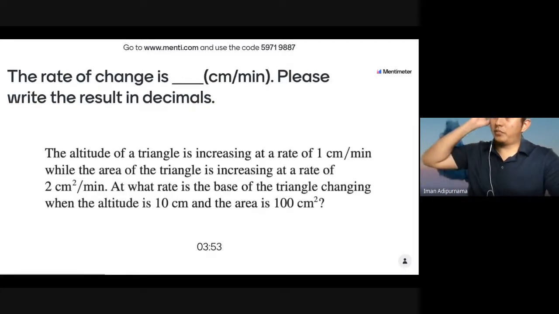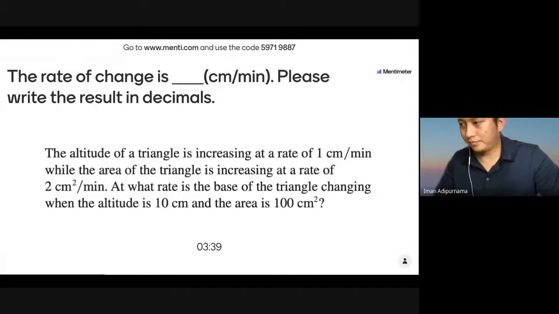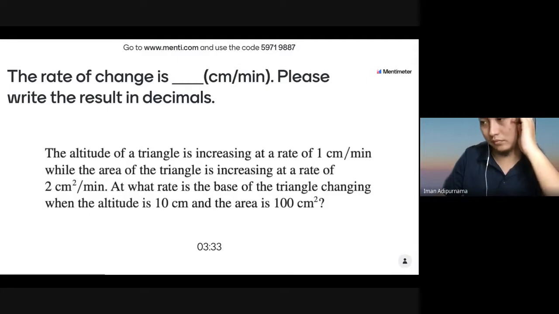Even 4 minutes for this question. I hope it's enough. If you are confused, altitude means height.